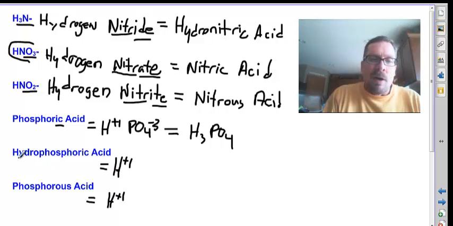Now, very close in name is hydrophosphoric, but hydroic would indicate an ID ending, which would be an element. So in this case then I would say, well, what is phosphor? That must be phosphorus, which it is.